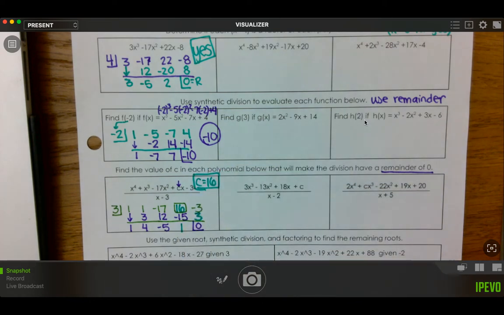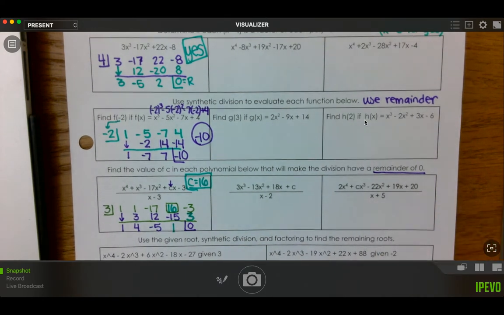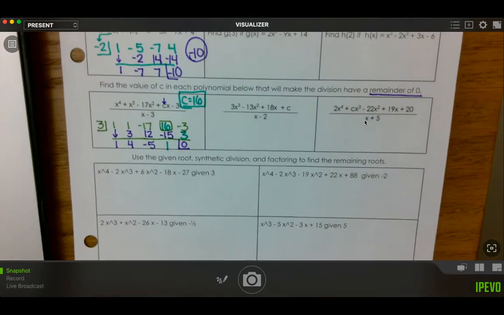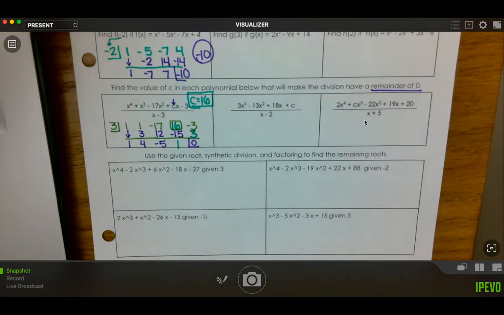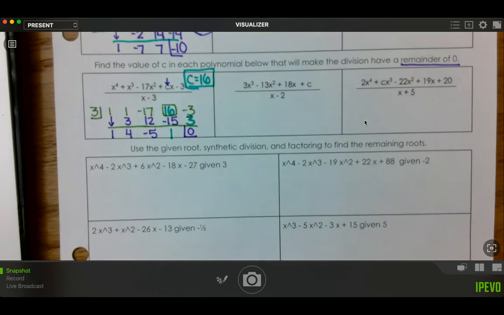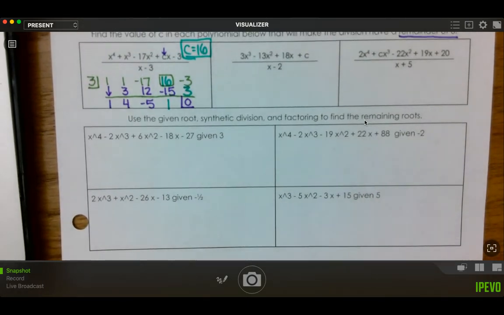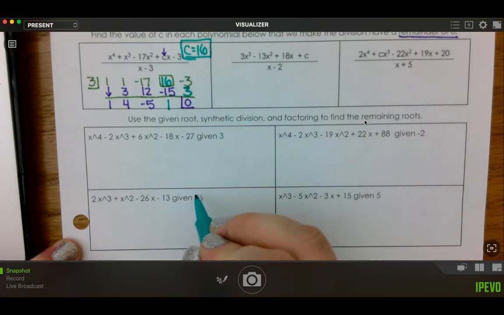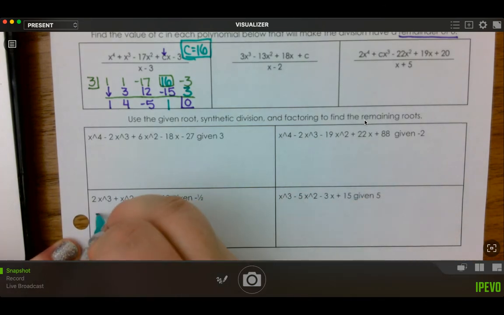I'll probably do one more of these in an extra video if that was a little much for you. And then the bottom part says, use the given root, synthetic division and factoring to find the remaining roots. So I'm actually going to start off with the bottom left because it has a fraction. The one that it's giving you is the one you need to put in the box for synthetic division.